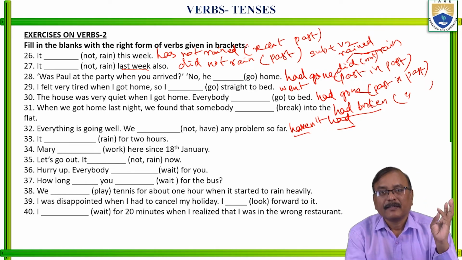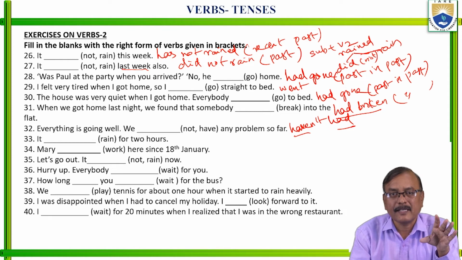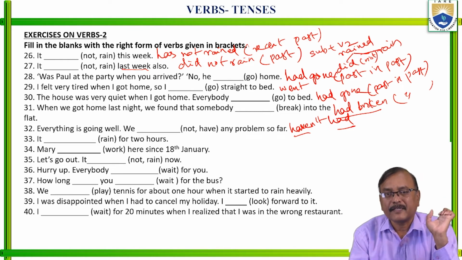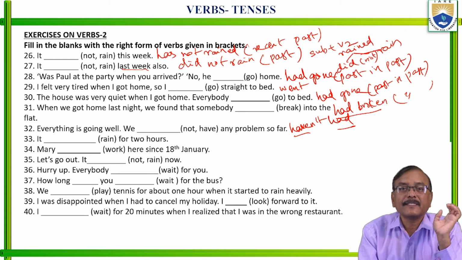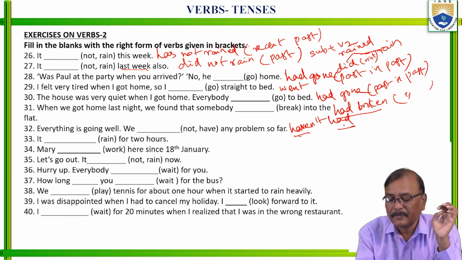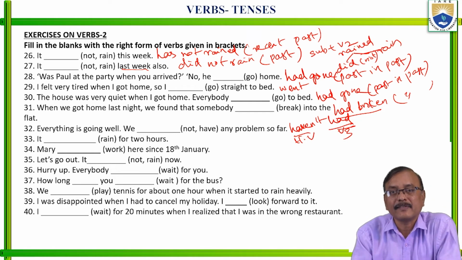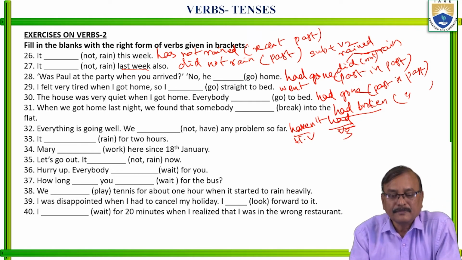Generally these phrases are used in negative sentences in the perfect tense. Right. Everything is going well. We haven't had. Have is the helping verb. Had is the V3 form. So that's why it is present perfect. Don't get confused here.